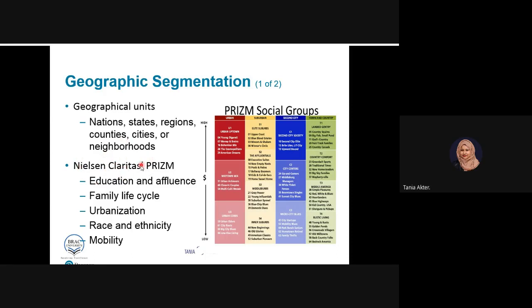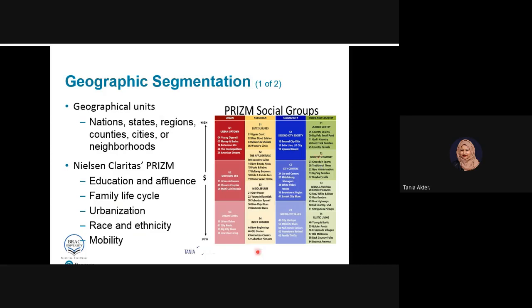Nielsen Claritas specifically works with consumers in terms of their financial behavior, their technological adaptation, and their consumer social characteristics. As you can see here, these are the 5 broad criteria: education and affluence, family life cycle, urbanization, race and ethnicity, and mobility. These are the 5 broad categories that Nielsen Claritas considered in doing the segmentation.